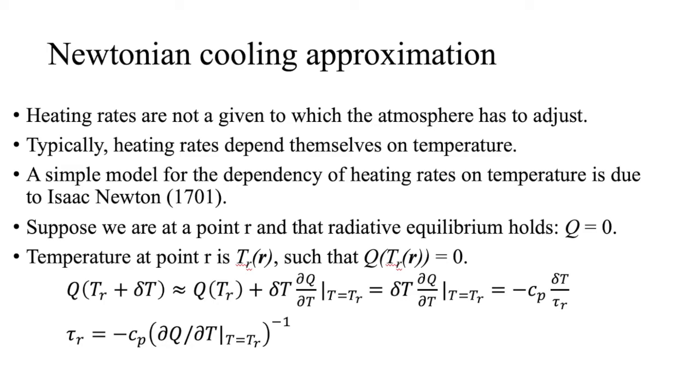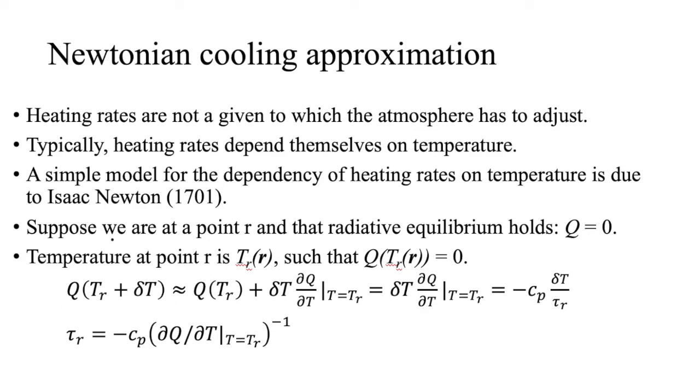The last thing I wanted to say is that Newton came up with a very simple way of writing down the cooling of the atmosphere. In particular, suppose you are at equilibrium at a particular point, so that the net heating at a given temperature is 0. Suppose that you heat up the atmosphere a little bit.